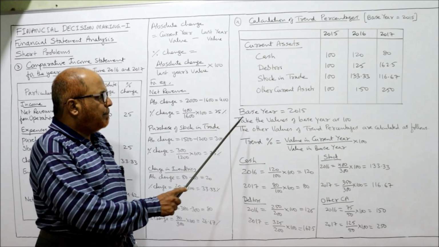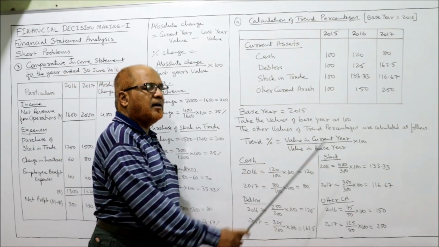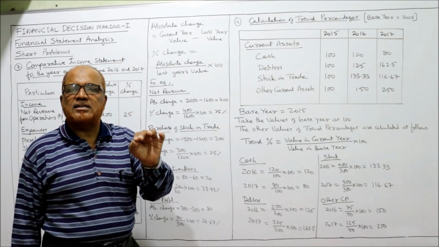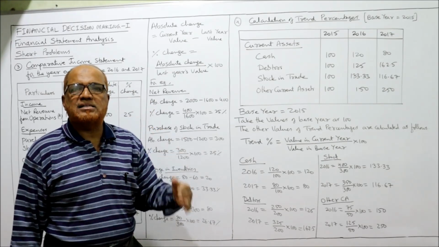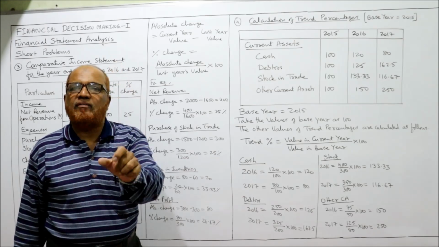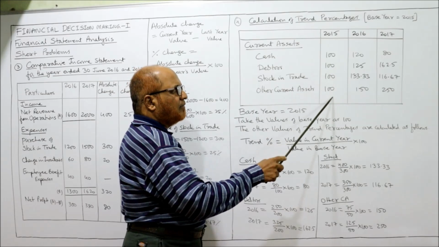Take the values of the base year as 100. Whenever we are calculating trend percentages, the first year is normally the base year, and for the base year, take all trend values as 100.